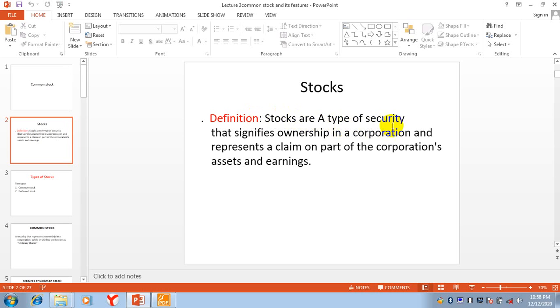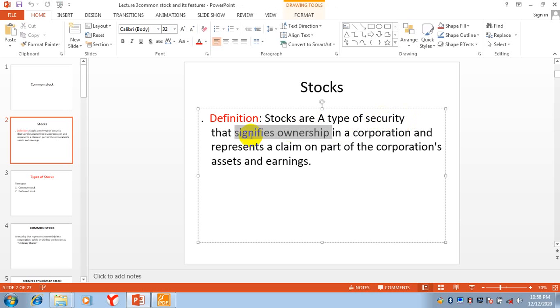Stocks are a type of security that signifies ownership in a corporation and represents a claim on part of the corporation's assets and earnings. You know about stocks, you know about shares. It is a certificate, a security that signifies ownership in a corporation.